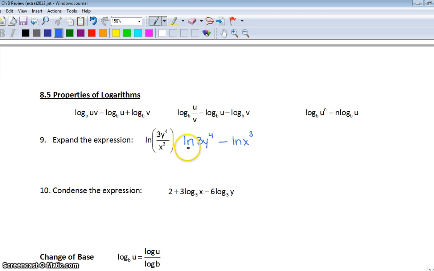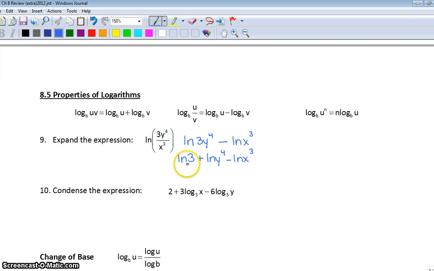Then I look at the first one. I look to see if I can break this down any further. Natural log of 3y to the fourth. I'm multiplying 3 times y to the fourth, so I have to separate the natural log of 3 from the natural log of y to the fourth with an addition sign. I have minus natural log x to the third.